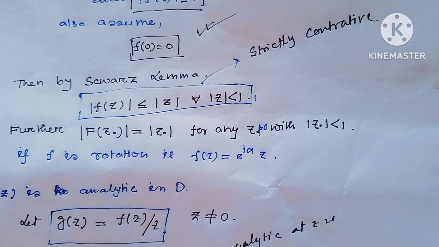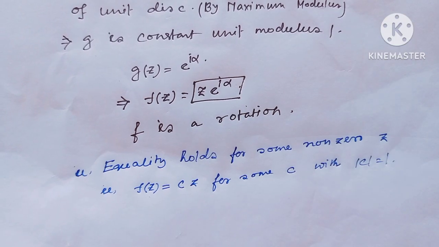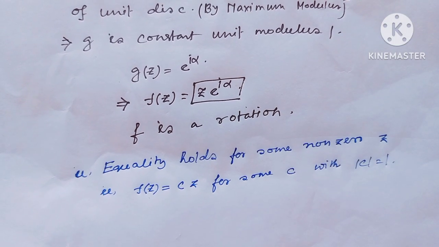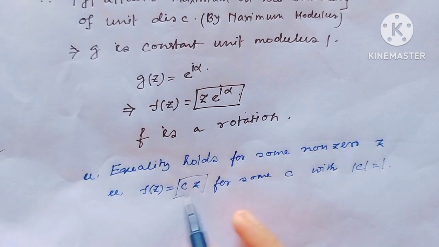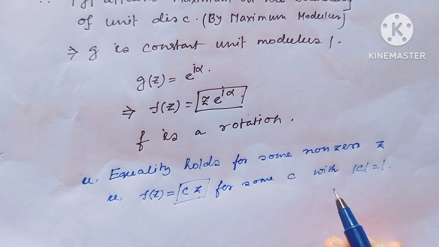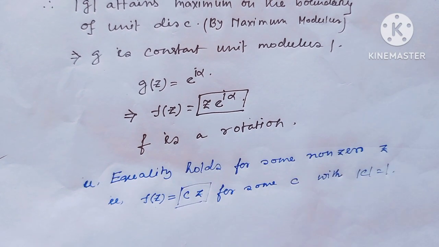I hope all my viewers have understood this lemma. It means when equality holds for some non-zero z, that implies f(z) equals c times z, for some c with the condition modulus of c equals 1.